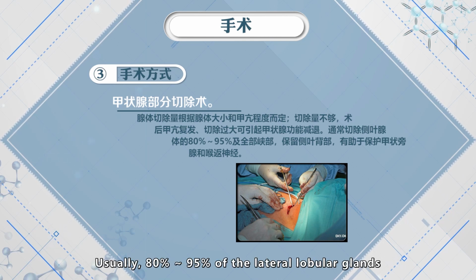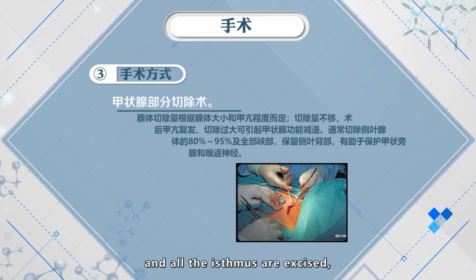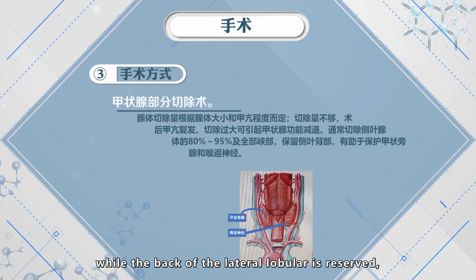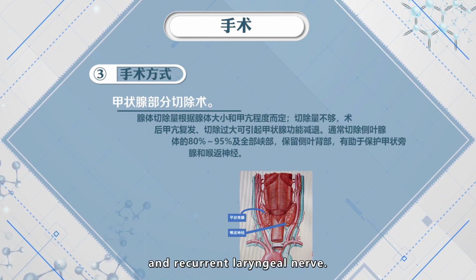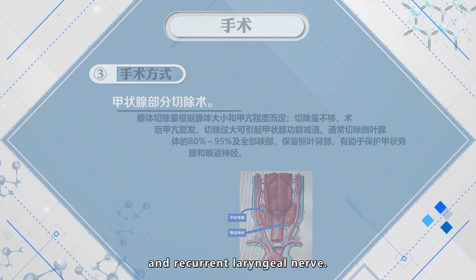Usually 80% to 95% of the lateral lobular glands and all the isthmus are excised, while the back of the lateral lobe is reserved, which helps to protect the parathyroid gland and the recurrent laryngeal nerve.